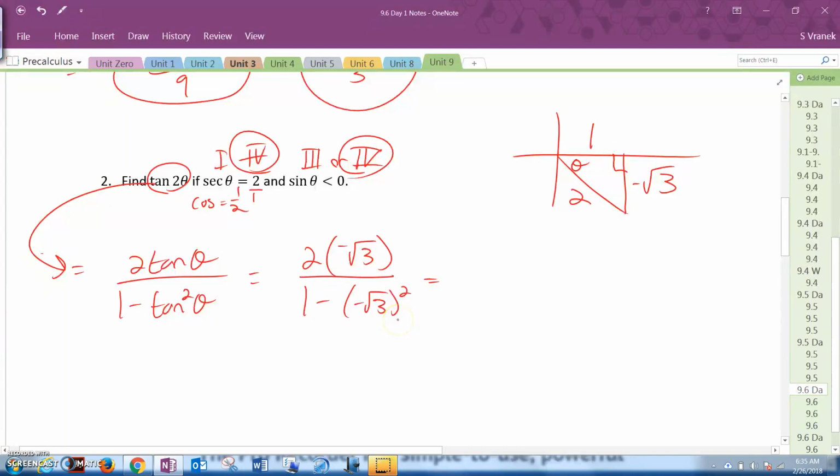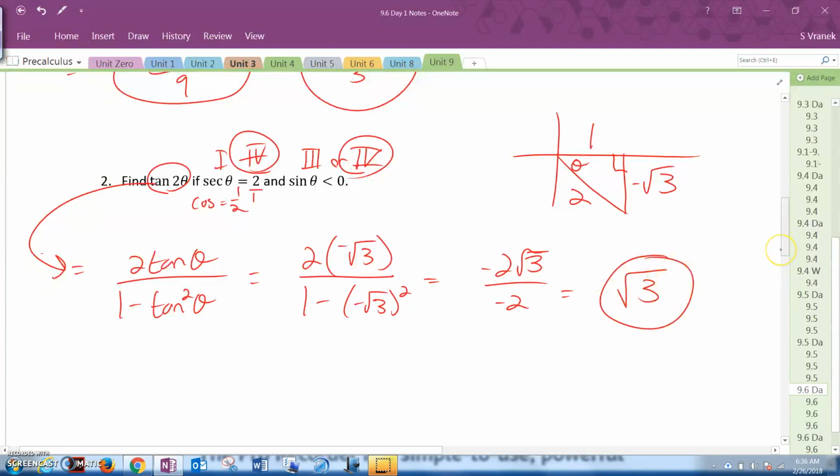When you square the negative root 3, it becomes just 3, and it gets rid of this negative sign. So don't forget that. So we get negative 2 root 3 on the top, and on the bottom we get 1 minus 3, which is negative 2. The negative 2's cancel, and we get that tangent of 2 theta is equal to root 3.